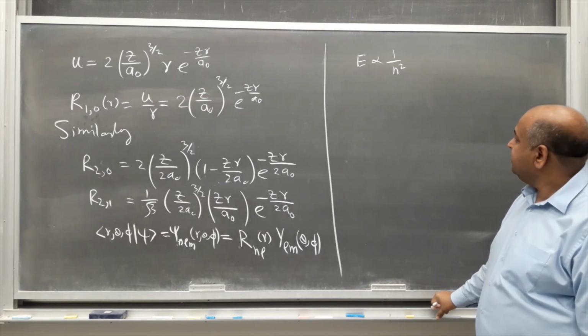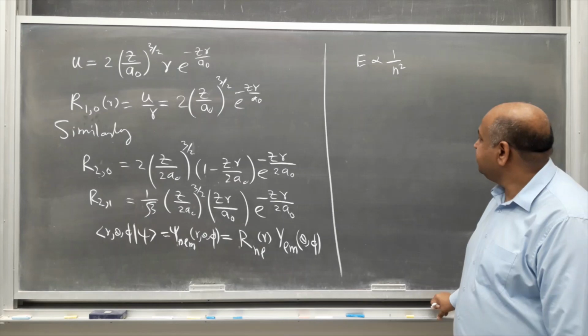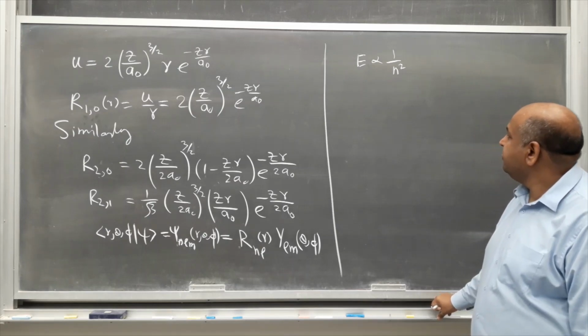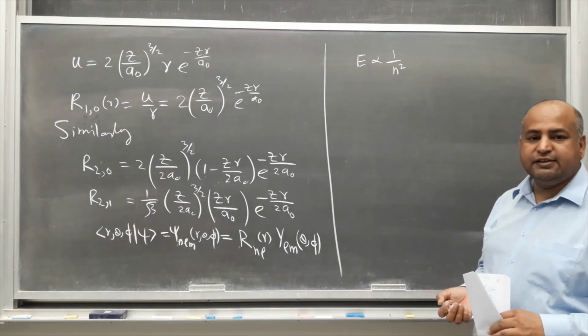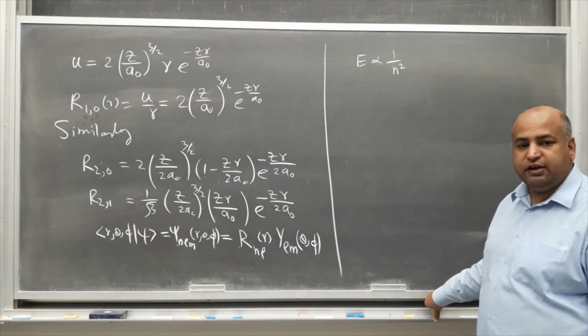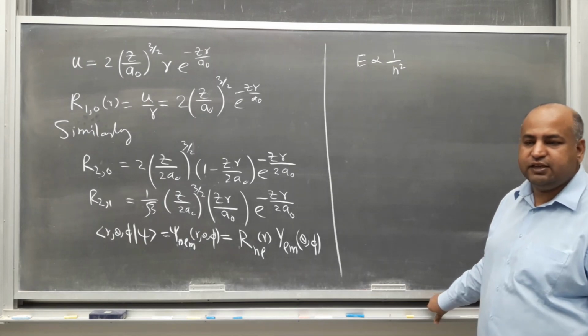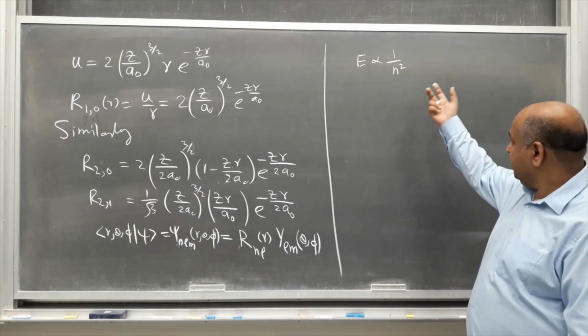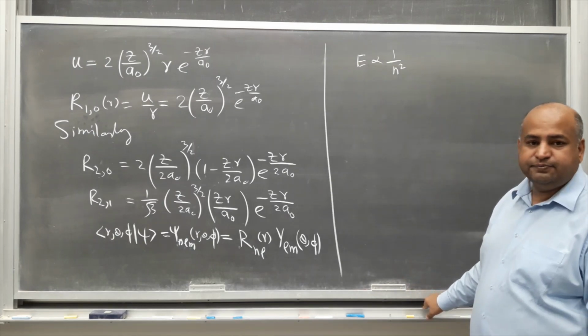So an atom on which nothing else is influencing, and we only consider the electrostatic interaction of electron and nucleus, neglecting spin and everything else, our energy is only a function of n.